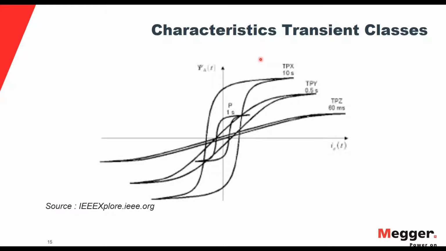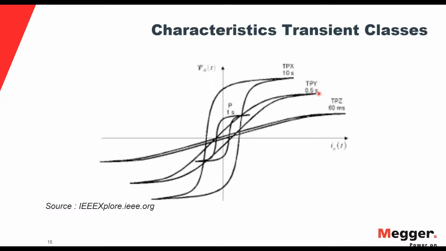For the TBZ application, you can see it's very linear when you move to higher flux densities. And the remanence value for it is almost negligible. So whenever you use it, it will not have a huge remanence in it. It will demagnetize very, very easily.